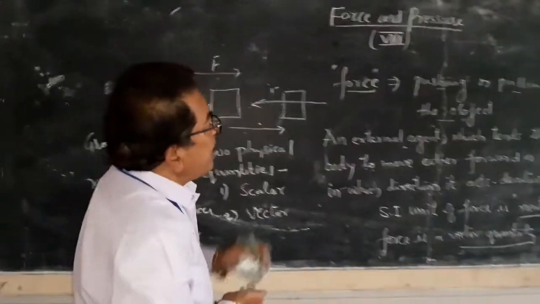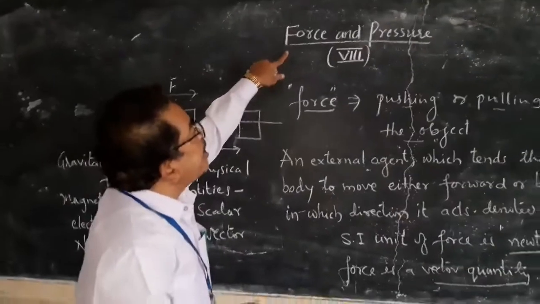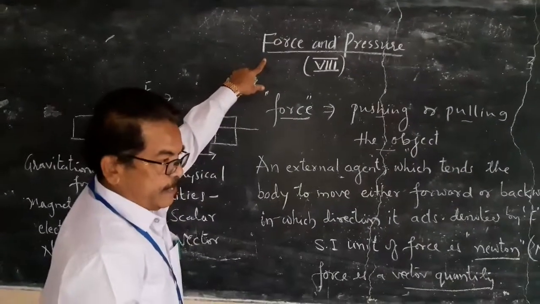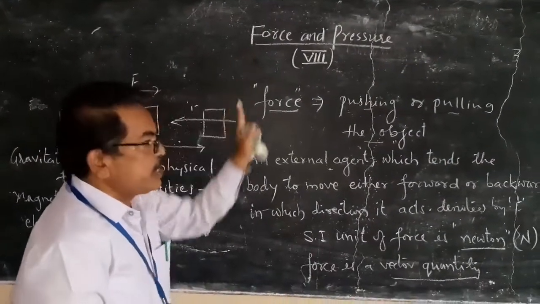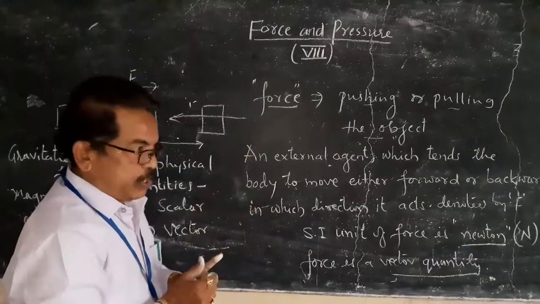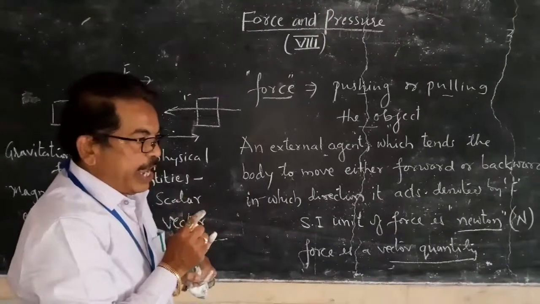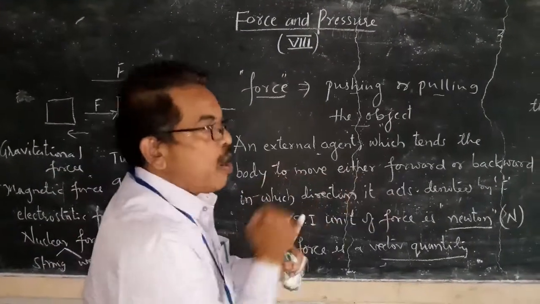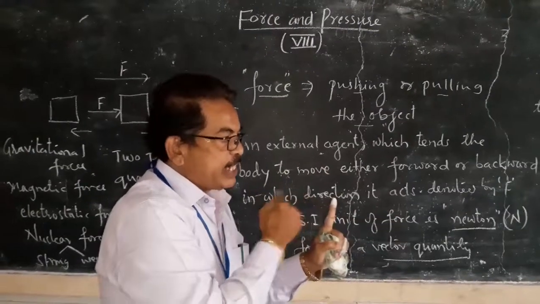Now let us move to the effects of forces. Whenever force is applied on any object, there will be a change of position of the object in the direction in which it is acting.